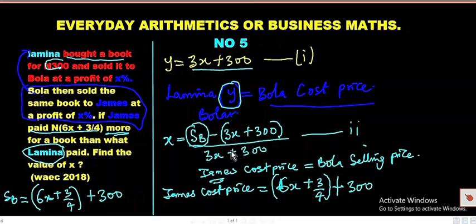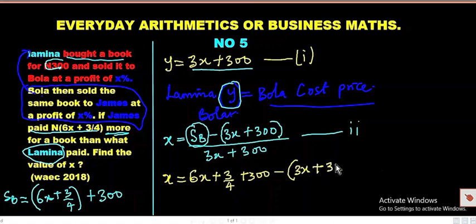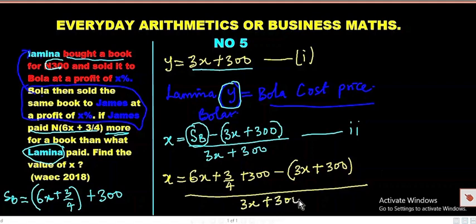So I'm going to rewrite this by putting this value as Bola's selling price. Now, I'm going to say that x is equal to, so this is the money, 6x plus 3 over 4 plus 300, then minus 3x plus 300, then everything is equal to 3x plus 300.